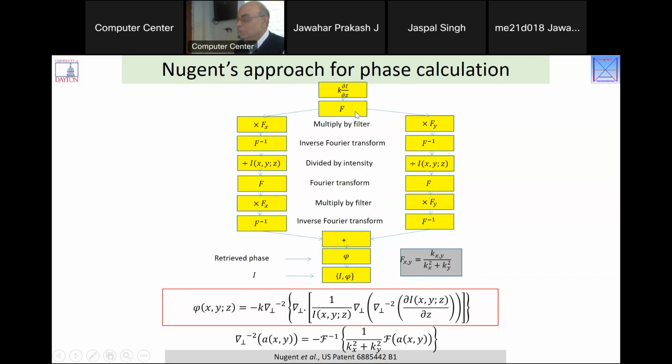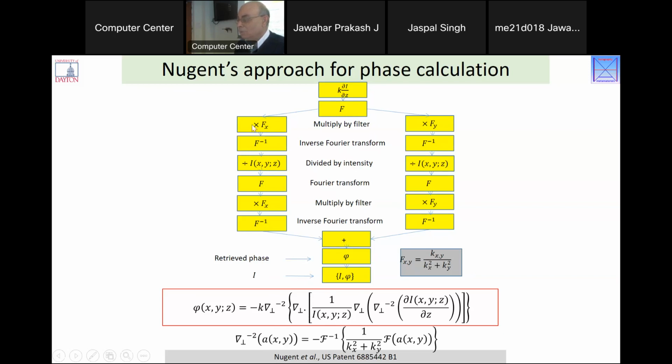So you take the Fourier transform and do that, so you're tackling the x part of it. Then you take the inverse transform, then you divide by I as written over here. Then once again you take the Fourier transform, then again you use that f sub x operator to take care of these two terms, and then take the inverse transform.